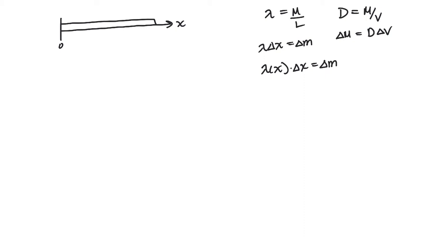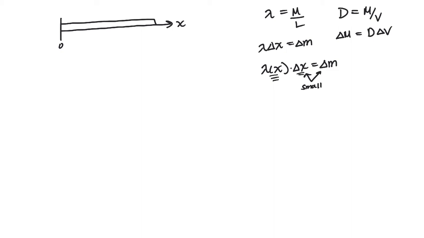The problem is, since lambda is a function of x, if my delta x is too big, my lambda of x is going to exist over too wide a range, and it won't be accurate. So really, I have to make these delta x's and these delta m's as small as possible, super tiny.